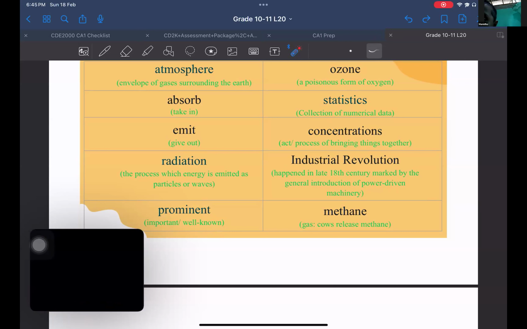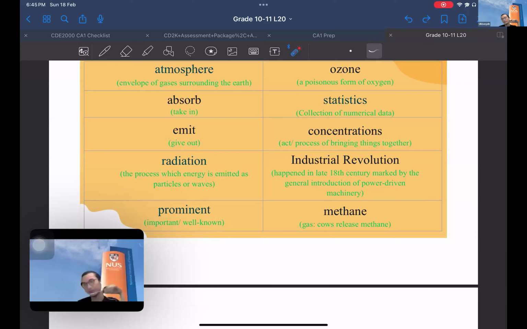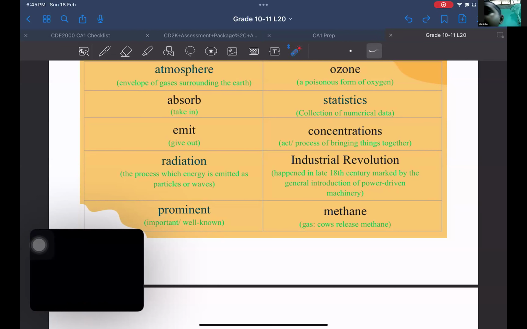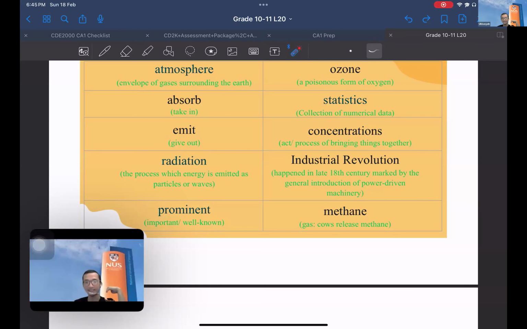But at the same time, too much radiation isn't so good because too much radiation can also cause skin cancer or other sunlight related diseases.